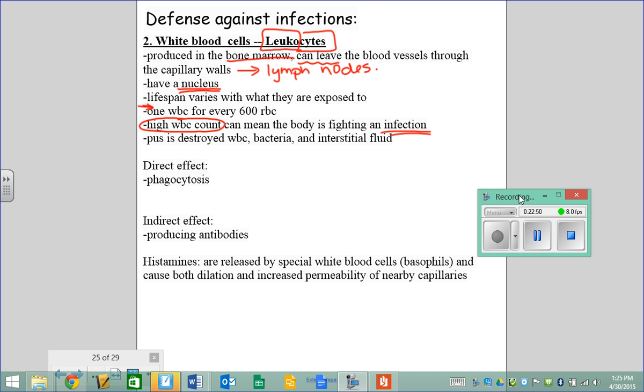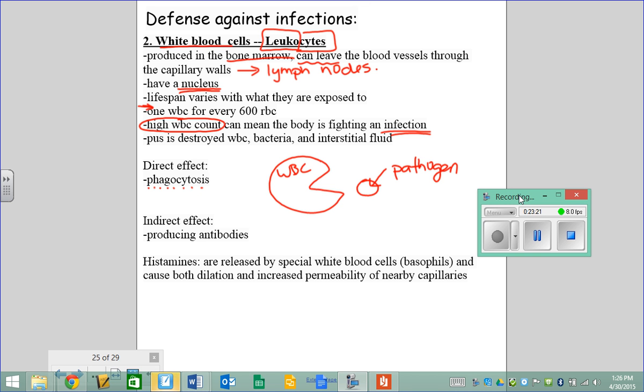So your white blood cells have two effects on immunity. One of them is the direct effect. White blood cells can perform phagocytosis, which you might recall. If you don't, I will remind you. Let's call this a pathogen. And let's call this a white blood cell.